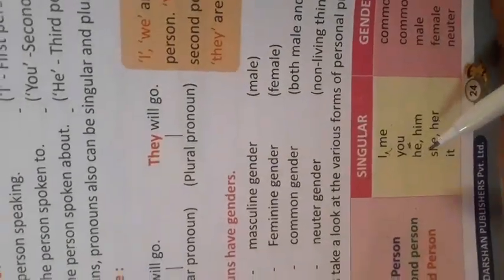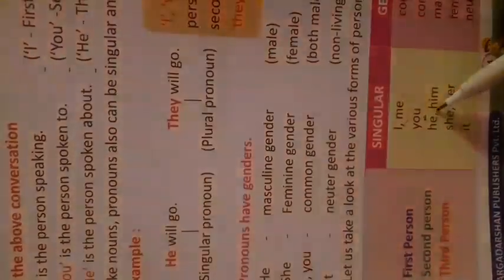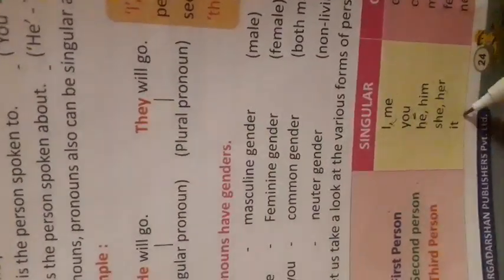So you can see here, all these are third person pronouns: he, him, she, her, it. Now in the plural form, they, them. In the plural form we use these pronouns, they and them.